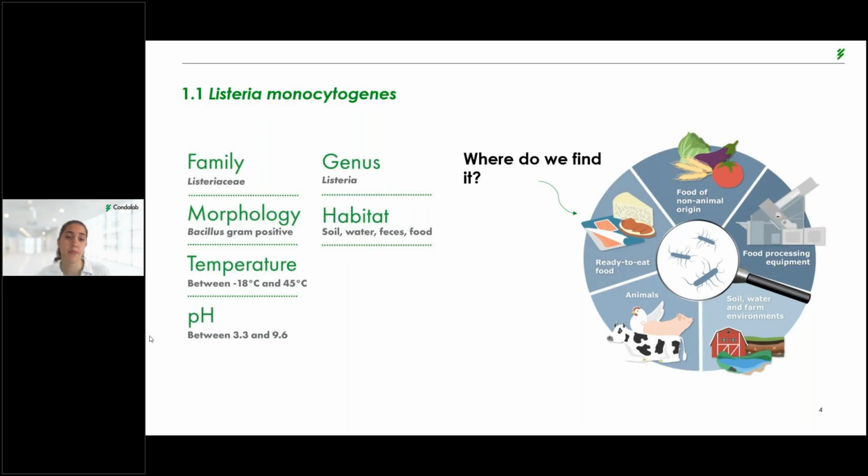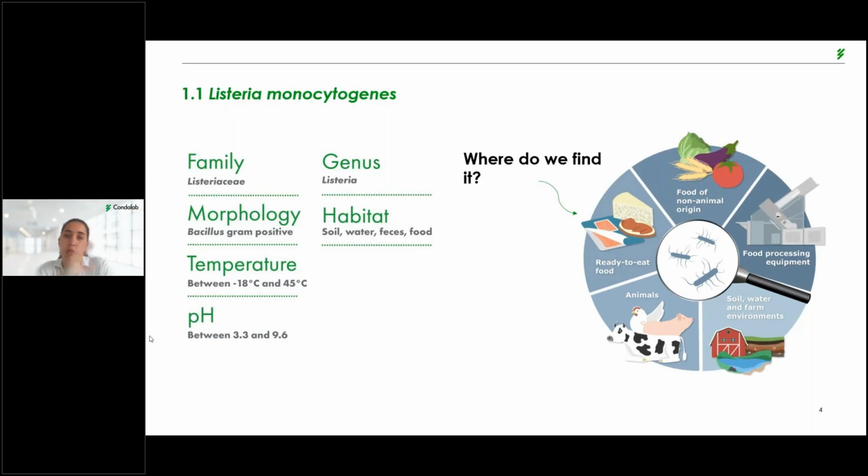Also, this bacteria can grow in a wide range of pH between 3.3 to 9.6, and also can create biofilms. As you know, when a bacteria creates a biofilm by adhering to a surface and colonizing it, it's harder to eliminate it. So this is also another characteristic of Listeria that makes it a big problem.